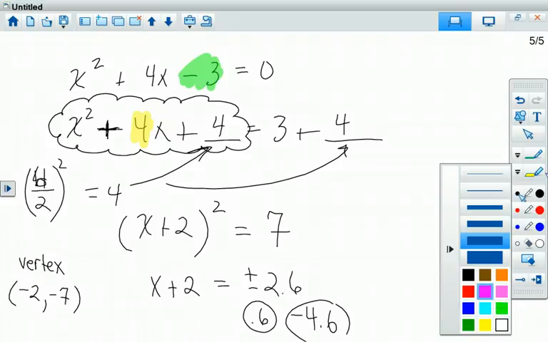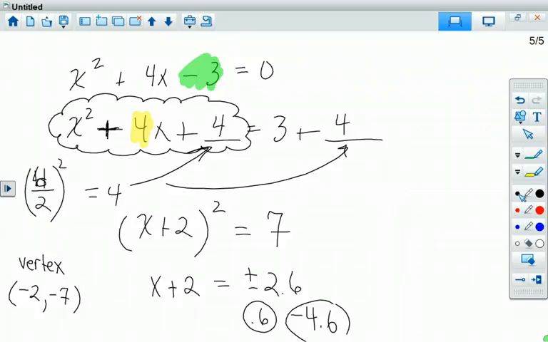Now, I want everybody to get out a piece of graph paper, or you don't have to, you just draw a graph. And sketch this parabola.